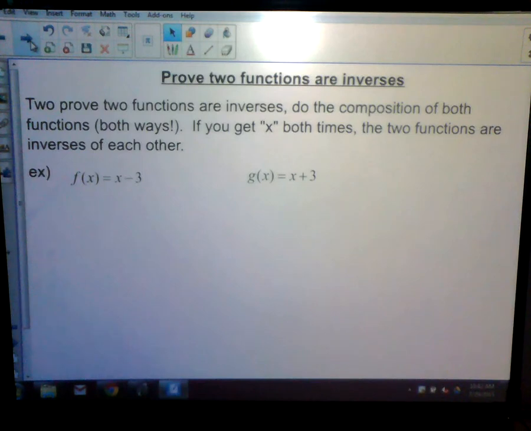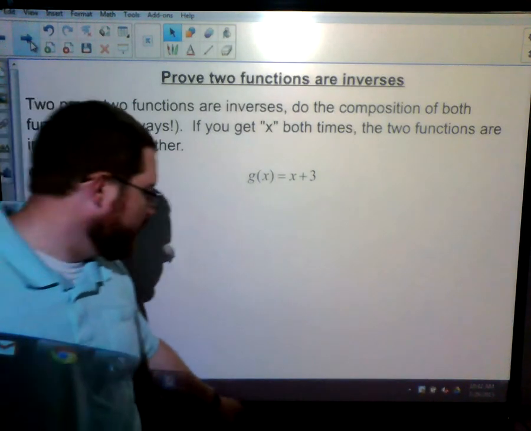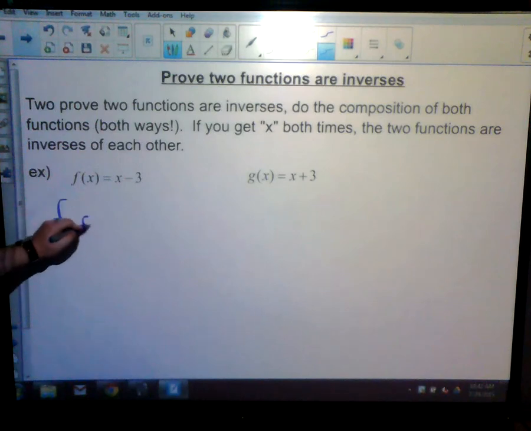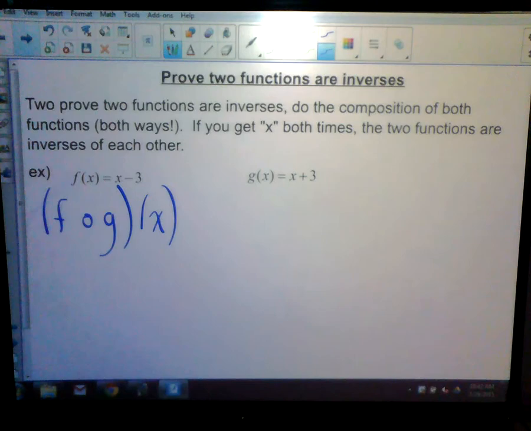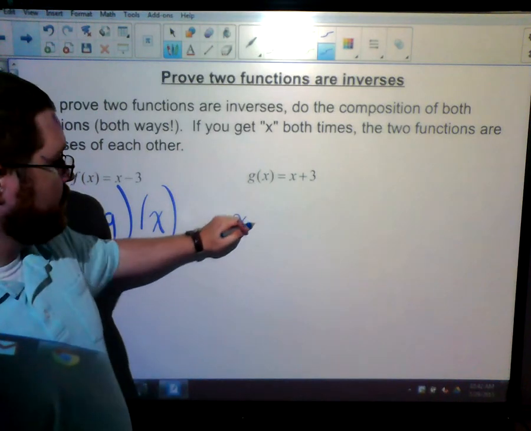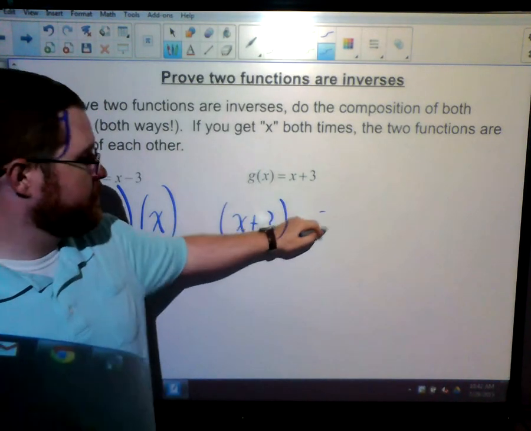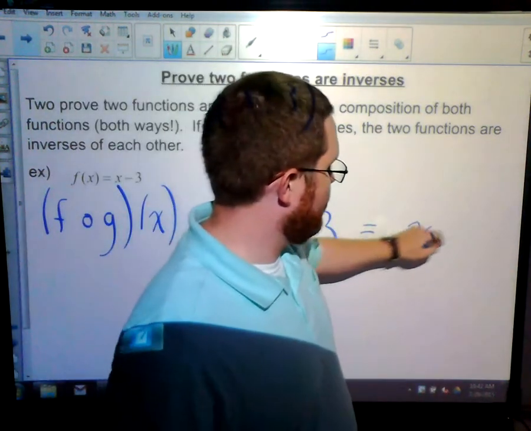Proving two functions are inverses. To prove two functions are inverses, we do the composition both ways. If you get x both times, the two functions are inverses. I did really easy ones here. Let's do f of g of x. That means plug g, x plus 3, into x. x plus 3 minus 3 equals x.